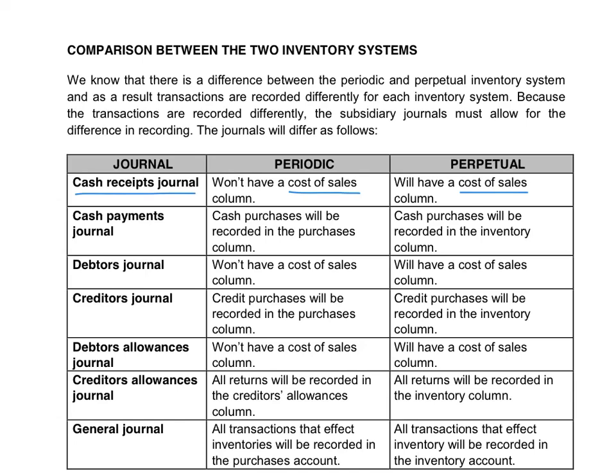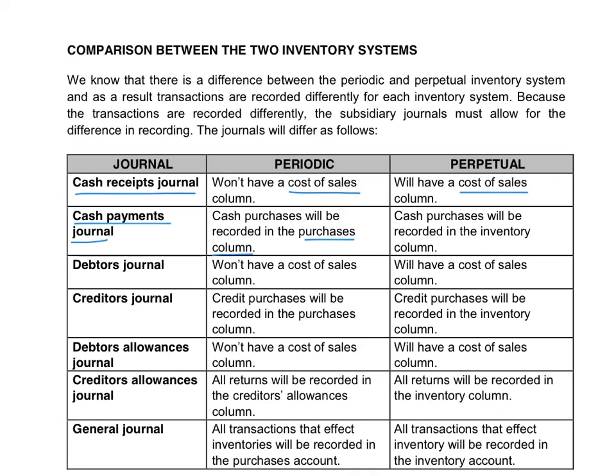If we look at the cash payments journal, all cash purchases will be recorded in the purchases column, because in the periodic system, you are not allowed to record anything in the inventory account during the year. The balance that's in the inventory account at the beginning of the year will go to your statement of income at the end of the year as your opening inventory.